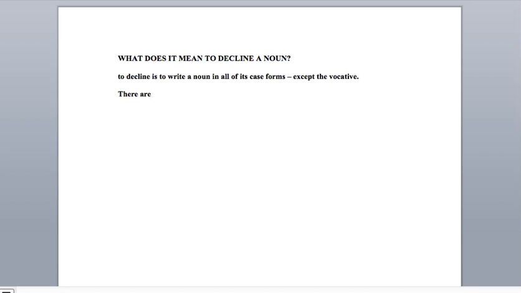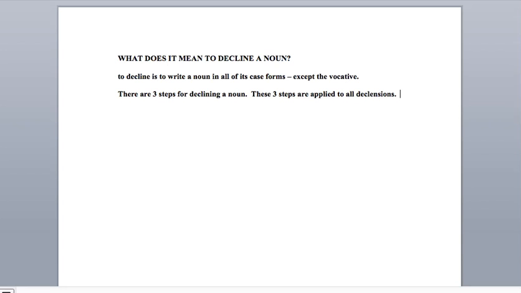There are 3 steps for declining a noun. And these 3 steps are applied to all declensions.